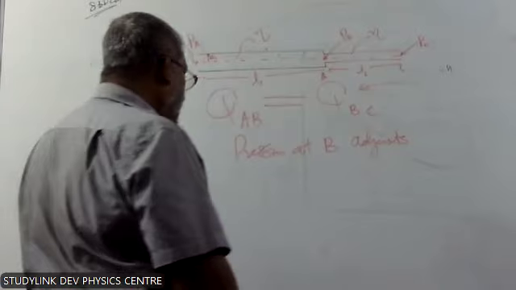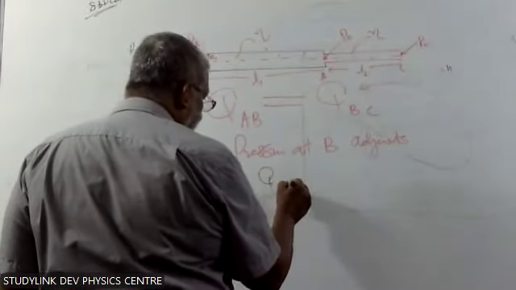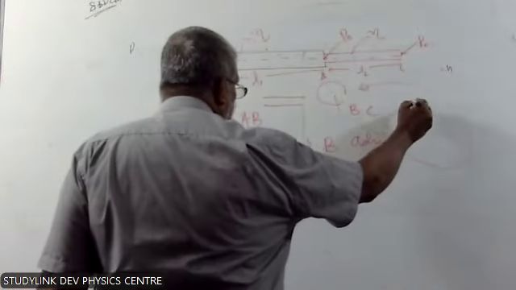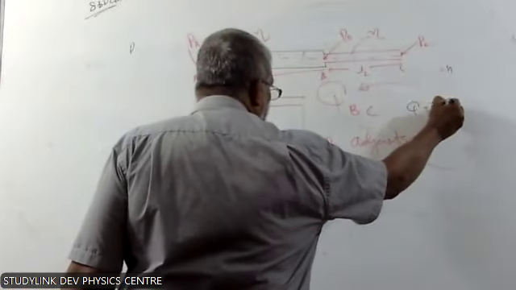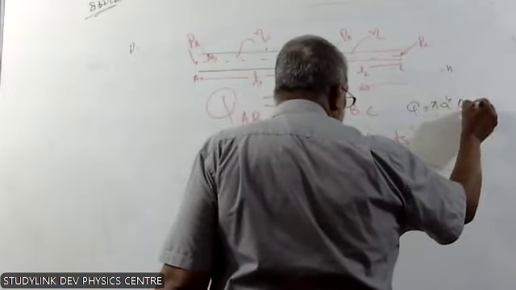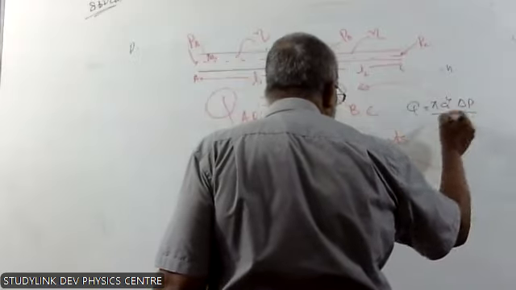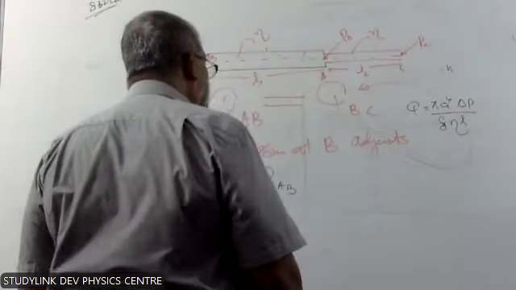So then we can write for QAB, because we are using Poiseuille's equation, Q is equal to pi a to the power 4 delta P divided by 8 eta L. Delta P changes.